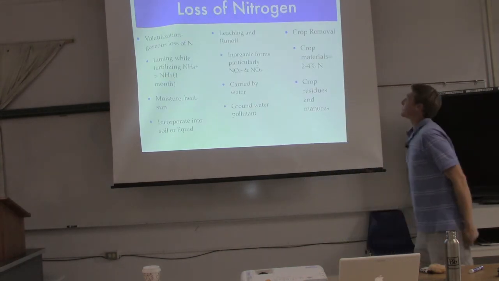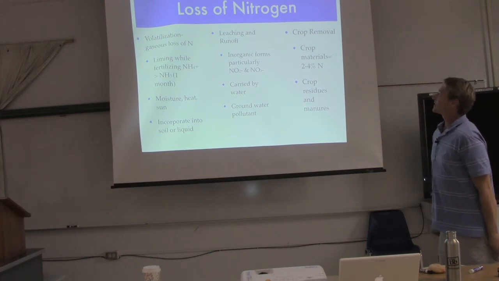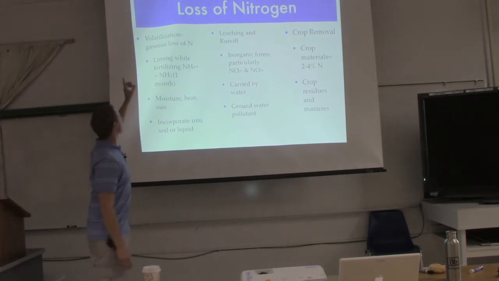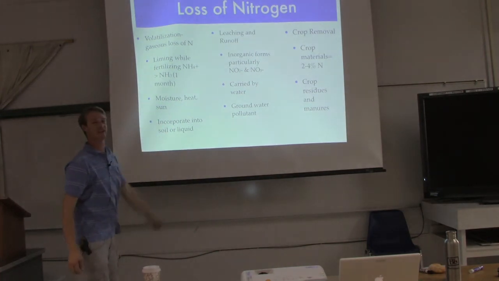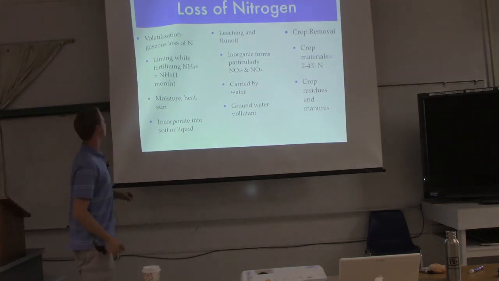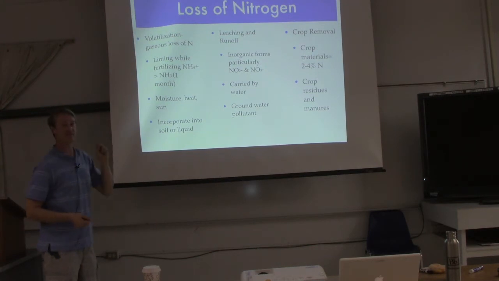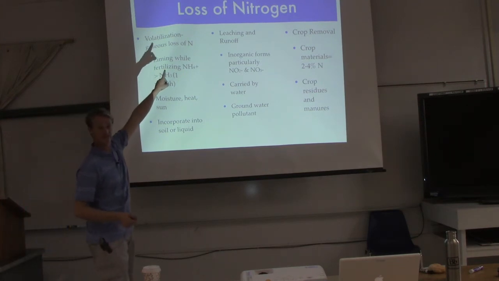Ways in which you can lose nitrogen. Volatilization, I mentioned that. It's when the nitrogen turns into a gaseous form through a reaction and then goes up into the atmosphere. If you decide to lime at the same time you fertilize, you're a victim of volatilization.